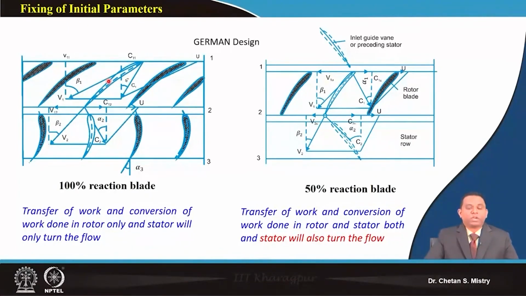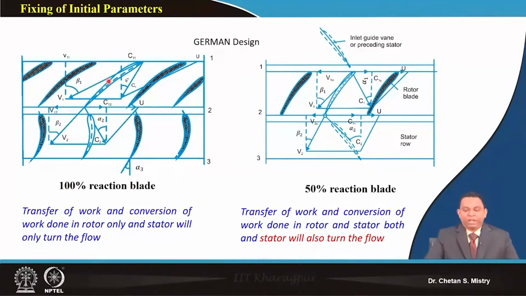If you look at most of the German designs, people preferred this kind of configuration. During the Second World War, when people were designing those engines, mainly German engines, they had high degree of reaction designs, and that gave the benefit of reducing the number of stages, which led to a reduction in the overall length and weight of the engine.